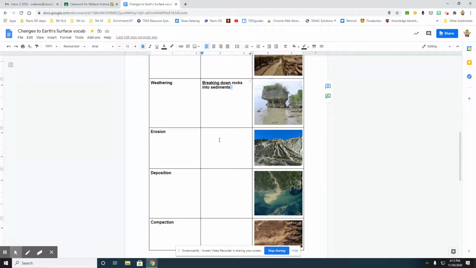The next one is erosion. And so the picture I put here is kind of like a sandy hill, and what's happened because of water has eroded. It's taken the sand from here and it's brought it down and deposited it in new areas. So erosion is the movement of sediments to a new location.